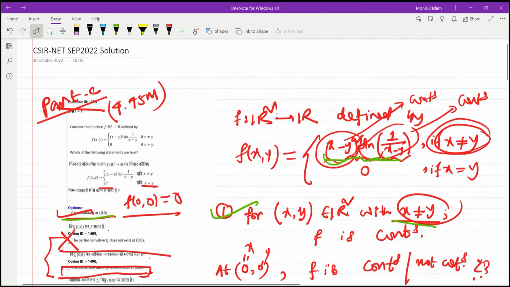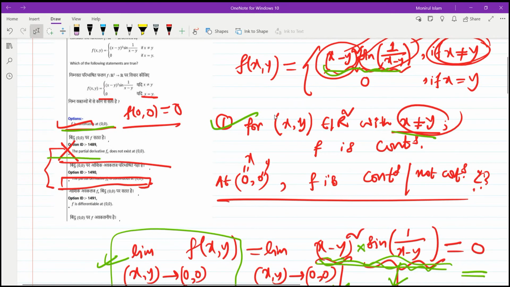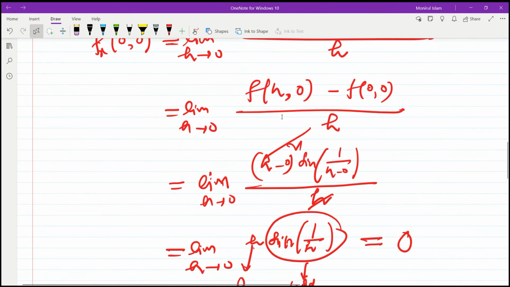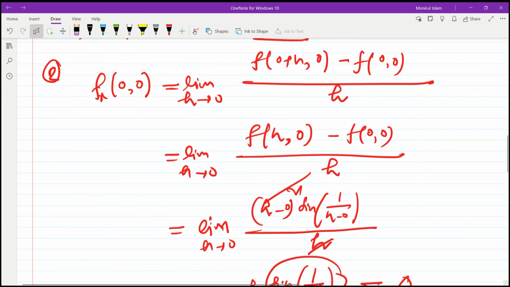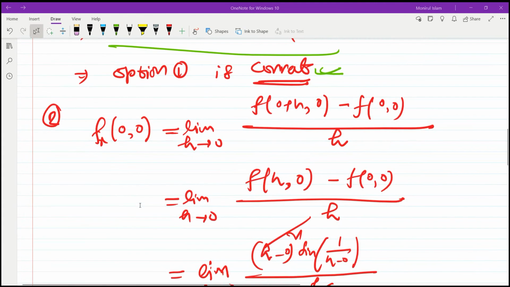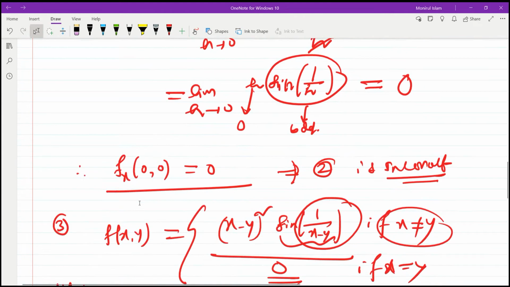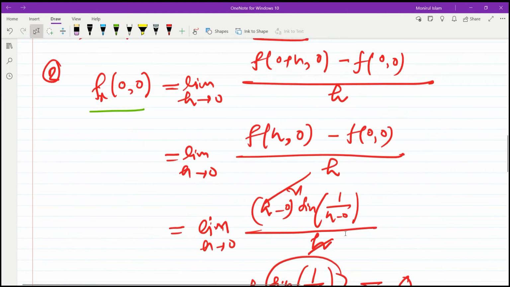Now the option says the partial derivative f_x at (0,0) doesn't exist, so let us find the partial derivative f_x at (0,0). There is a formula you have to use. The formula for f_x at (a,b), if the partial derivative exists at point (a,b), is the limit as h tends to 0 of f(a plus h, b) minus f(a,b), upon h.